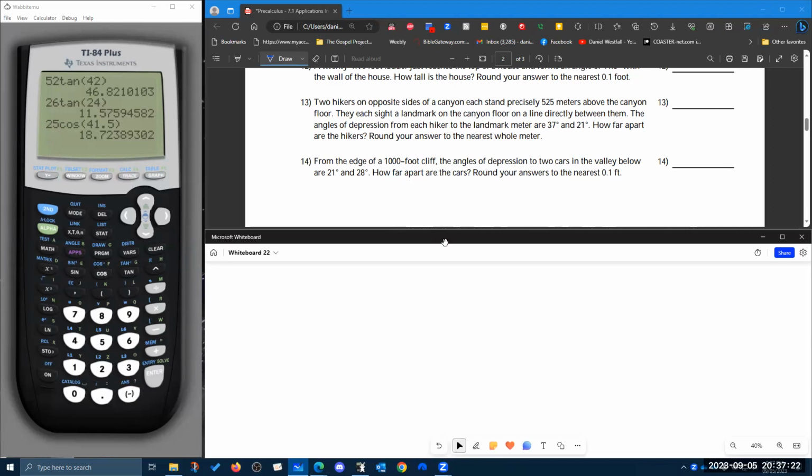They each sight a landmark on the canyon floor on a line directly between them. So here's the line between them. They're the same distance away here, and they're both looking at this landmark here.